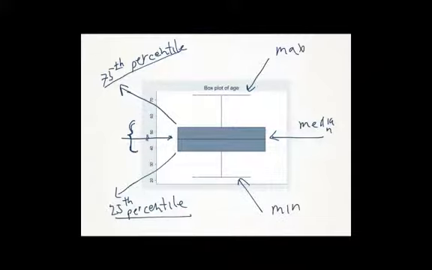If we take the maximum minus the minimum, we arrive at the range. Okay, so when you have a skewed distribution, you want to think about the median, the interquartile range, which is the 75th percentile minus the 25th, and also the range, which is the maximum minus the minimum.